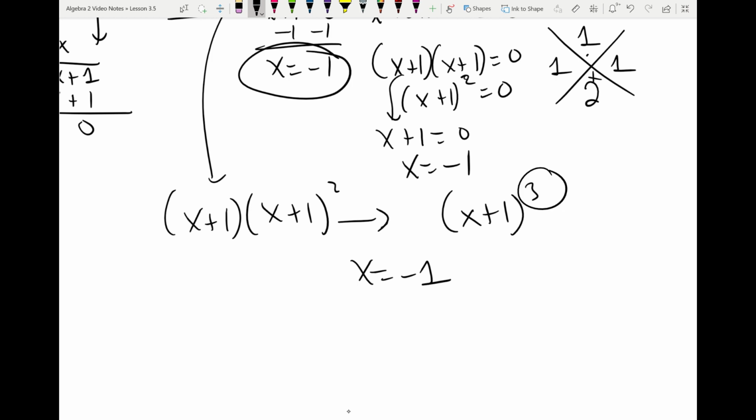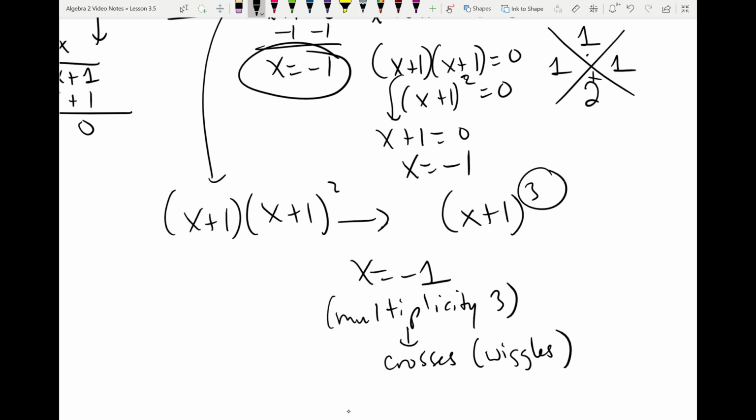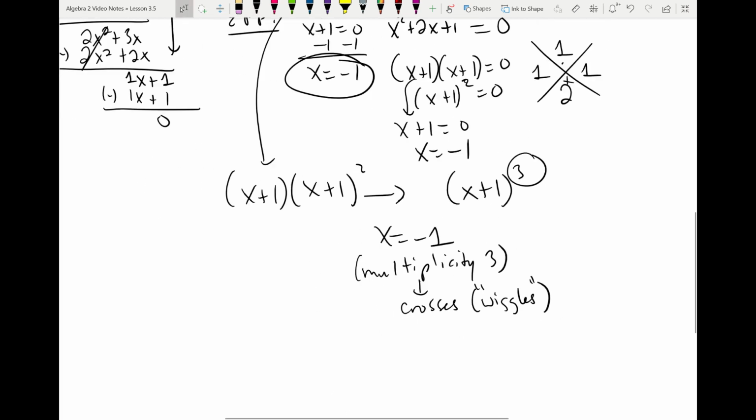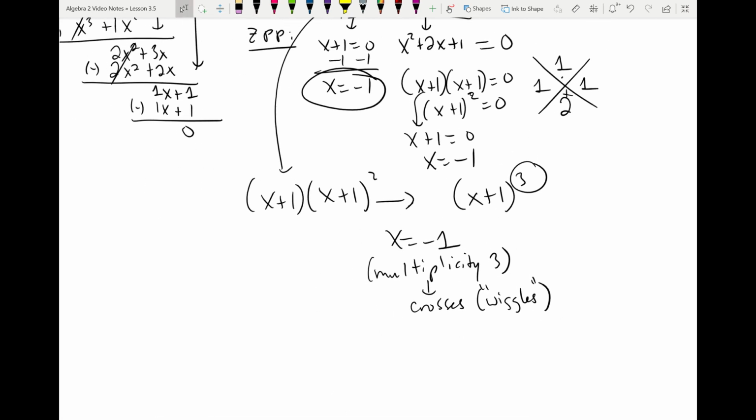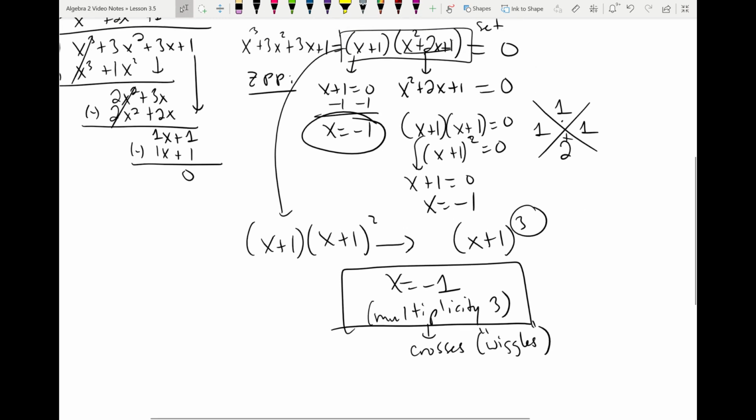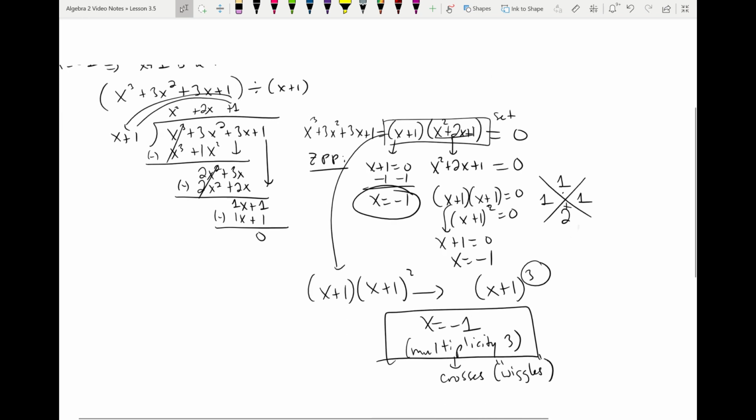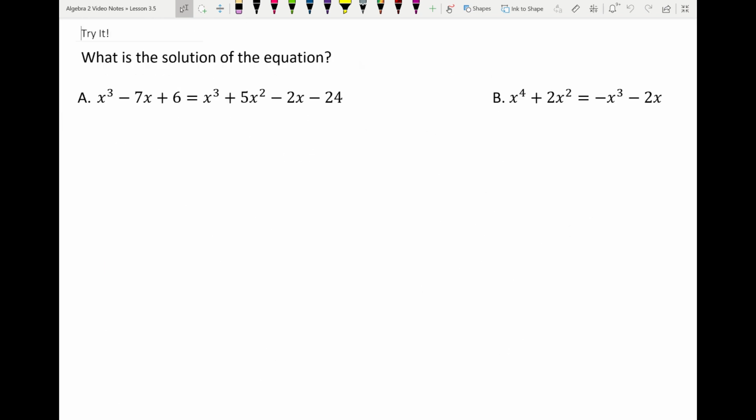However, we have a multiplicity of 3, which means that it crosses, and more specifically, it wiggles. Not that we're answering that in this question, but it's something you want to consider when you make the graph. But in any case, we have negative 1 as our 0. All right, go ahead and try the following problems, and then we'll go over them in just a second. Pause the video.